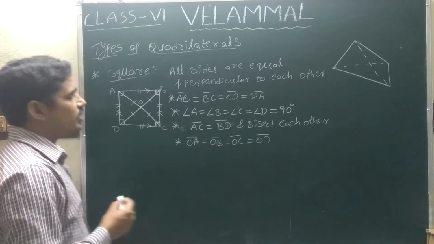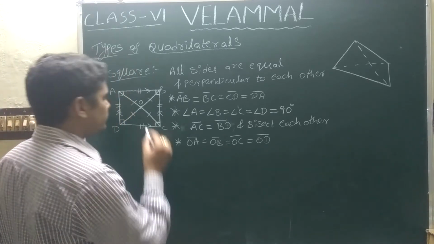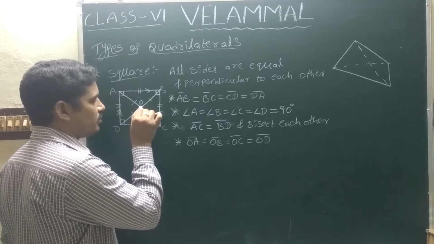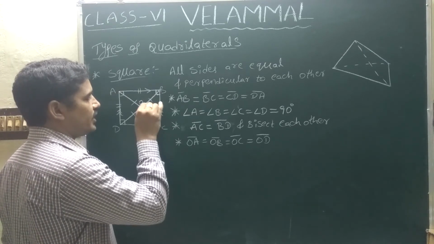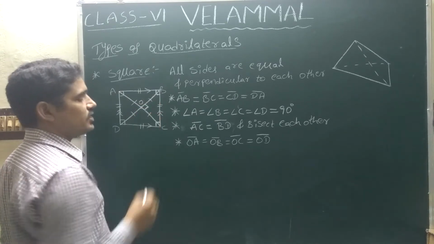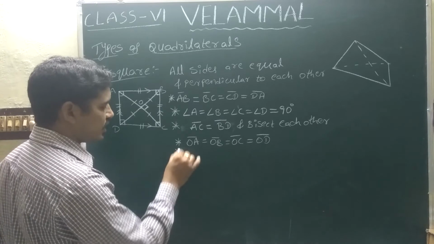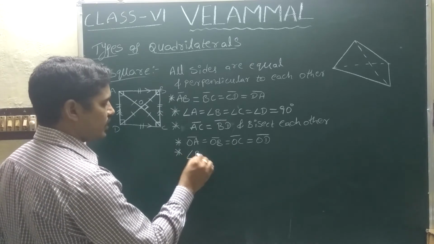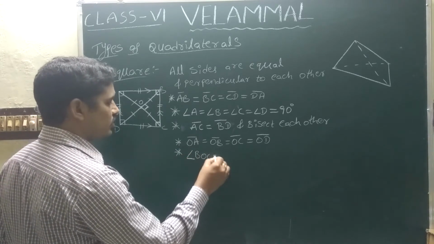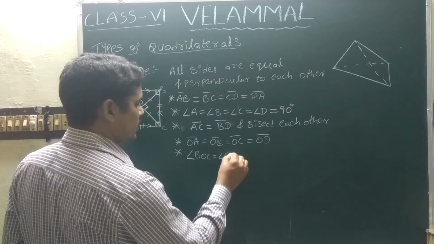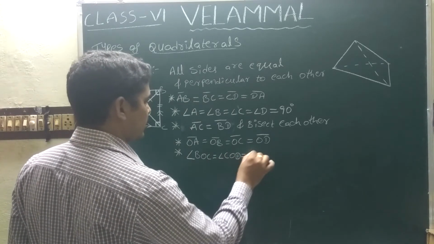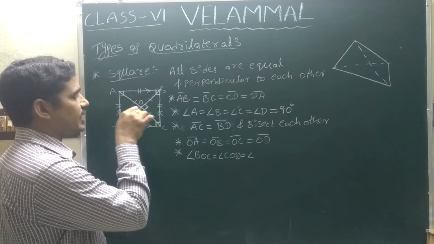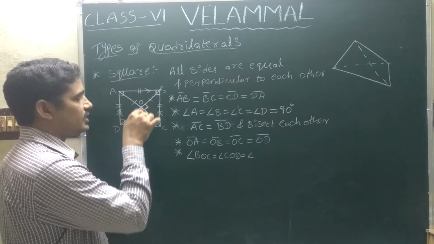The very important point we need to remember: at the midpoint of the diagonals, the angle will be 90 degrees. It is the condition we should remember in the square. Angle BOC is equal to angle COD is equal to angle AOB, whenever it is 90, this also will be 90, and these also will be 90.